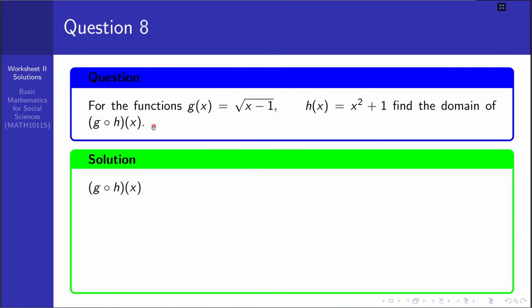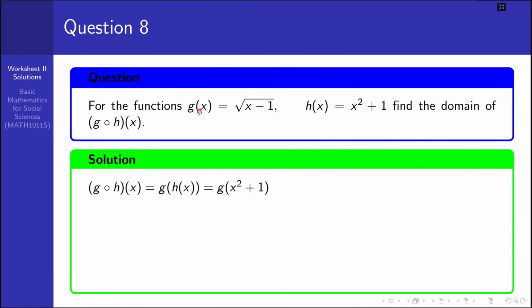So to find the domain of g composite of h of x, what do we do? First, we need to find the expression for this composition function. So g composite of h of x equal to g of h of x, but h of x in this case is x squared plus 1, so this is equivalent with g of x squared plus 1.